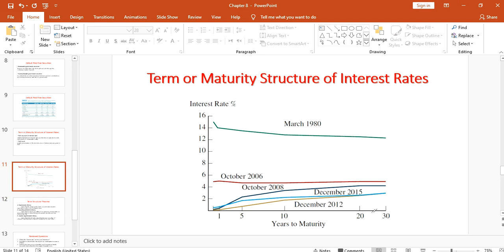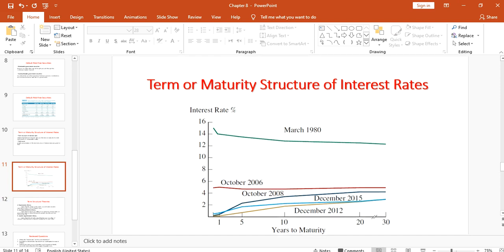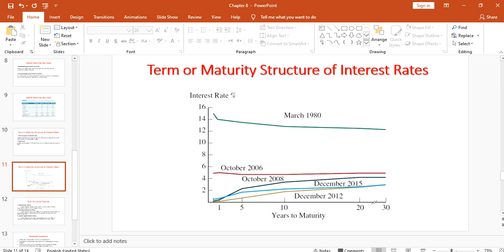This curve is downward. So the shape of this curve, according to the expectation theory, is determined by the expectation of the investors about the inflation in the future. So they think that inflation will come down in the future.